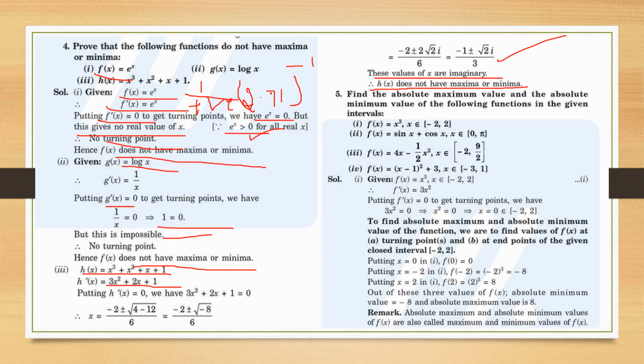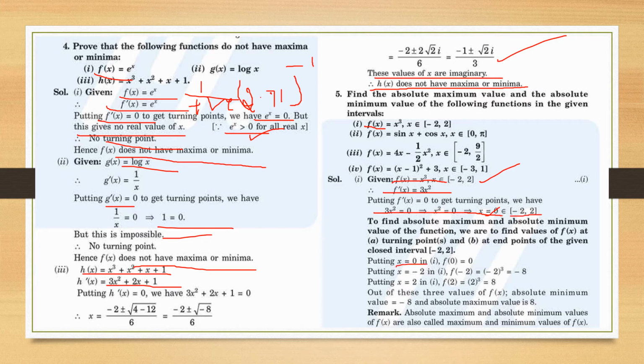Now let us check number 5, which is about absolute maxima and minima. So how do we do it? Take the function, take the derivative, take the critical point. It is x equal to 0. Now to find the absolute maximum and minimum, I should check the value of the function f(x) at this critical point 0 and at the endpoints, -2 and 2 both.